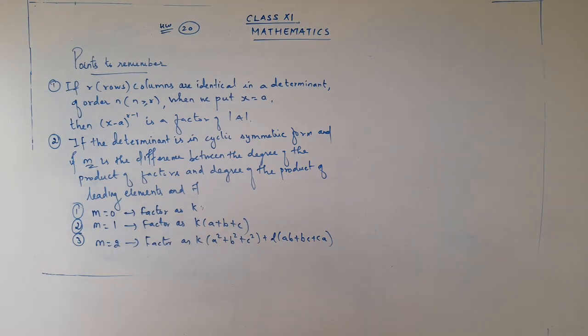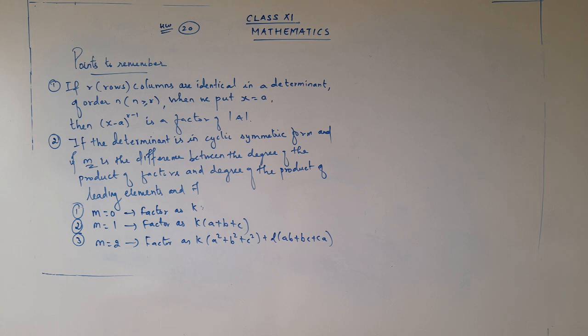Right. Take down the points. If you get the difference between the degree of the product of factors and the degree of the product of leading elements as 0, the factor is taken as k. If m is 1, the factor is taken as k into a plus b plus c.